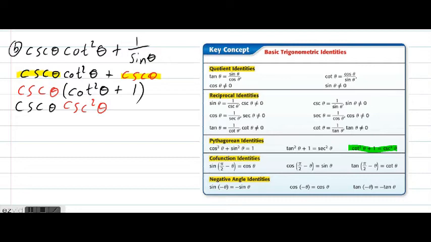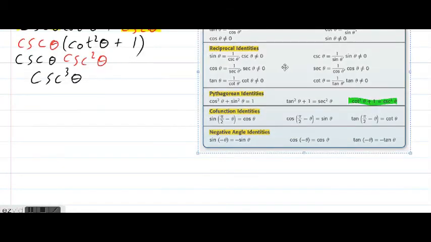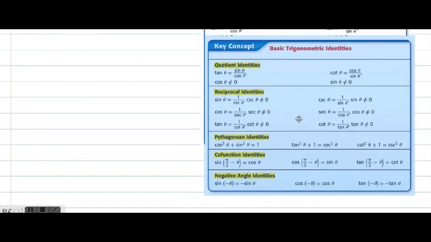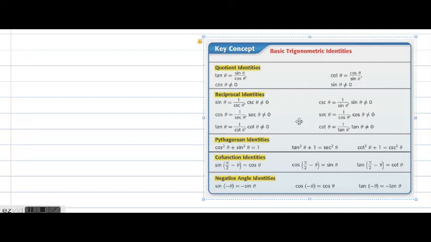When you're multiplying and the bases are the same, because the bases are just cosecant, we simply add the exponents. So 1 plus 2, I have cosecant to the third of theta. Like I said, sometimes you're going to start a problem and get led down a dead end, but you have to try something.